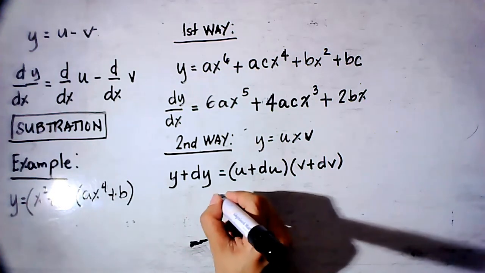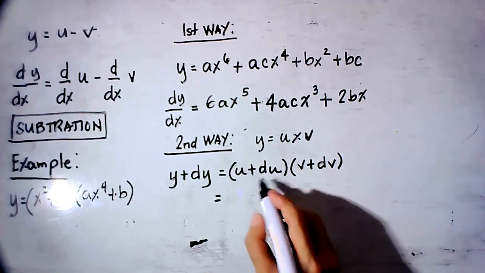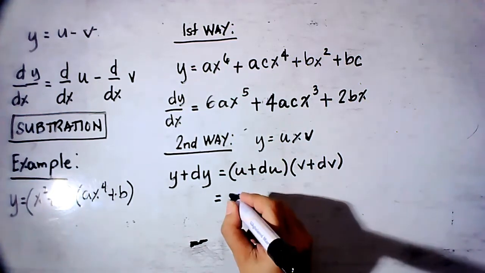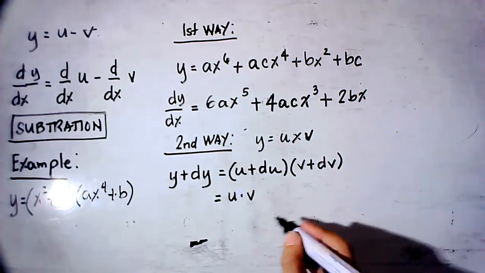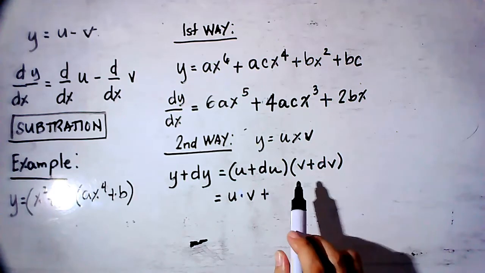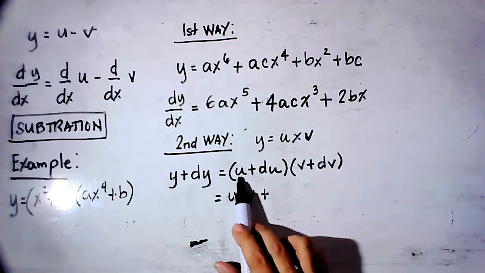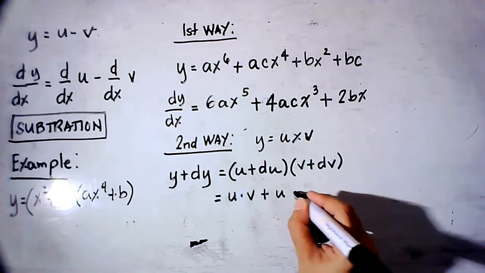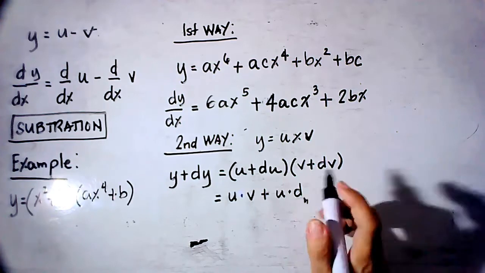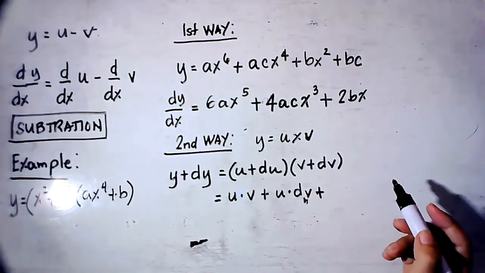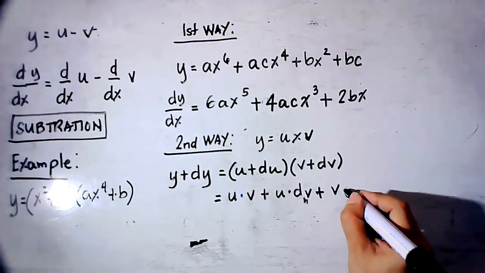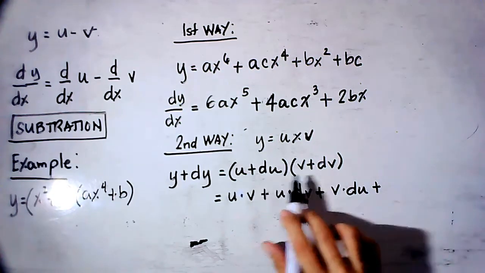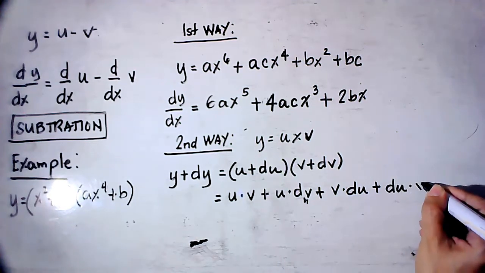So we will have u times v, plus u times dv, plus v times du, plus du times dv.